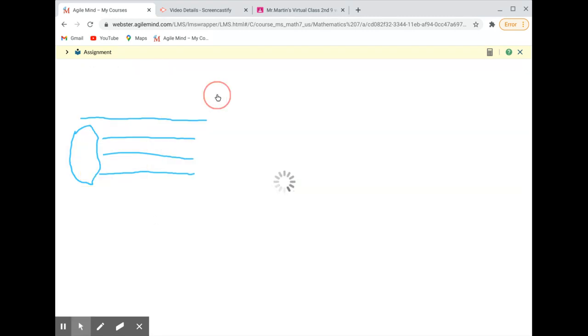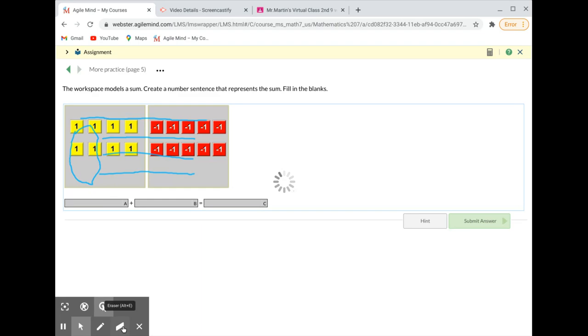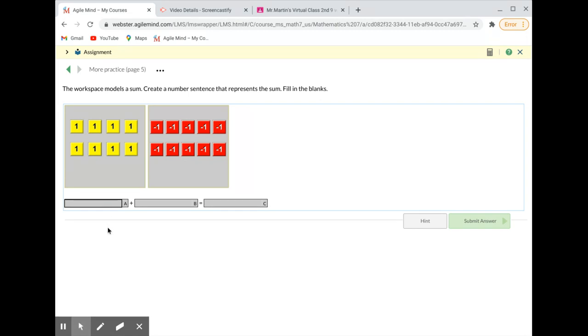Grayson has raised his hand. He wants to do this one. All right, Grayson, tell me what to do. So it'd be positive 8, -10, -10, and then it'd be -2. Correct.